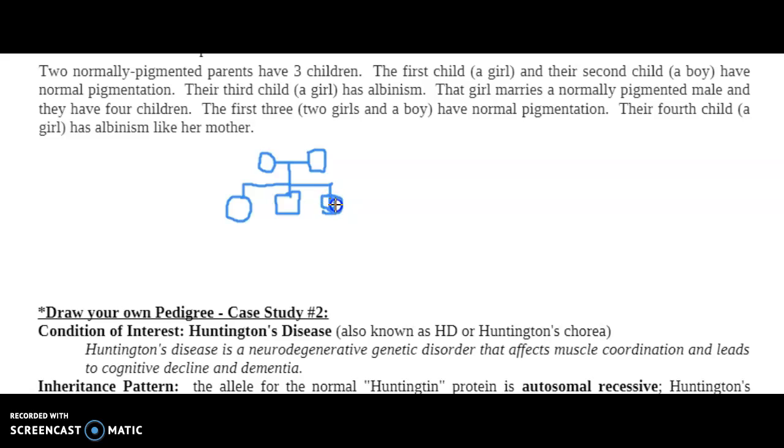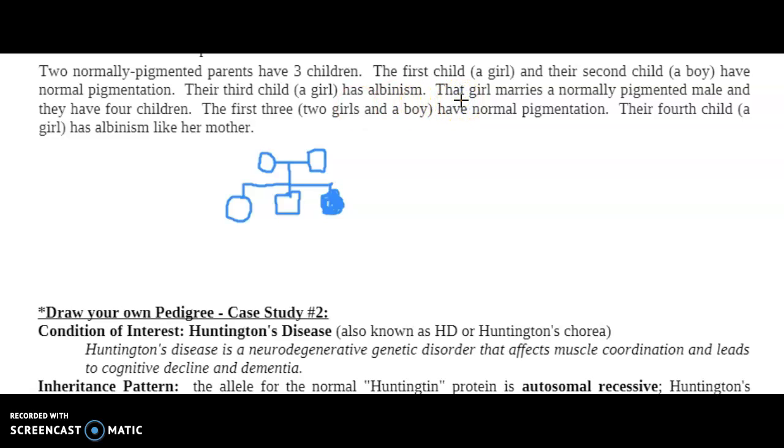She has that trait of having albinism. That's supposed to be a circle. After I colored it, it's an awful lot like a square. That's a circle because she's a girl. So, third child is a girl, and she has albinism.